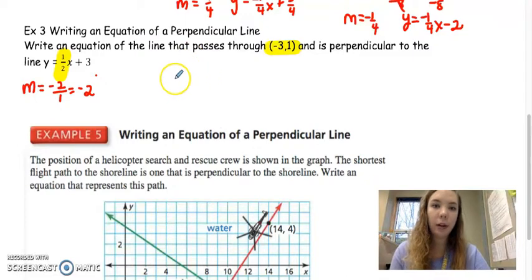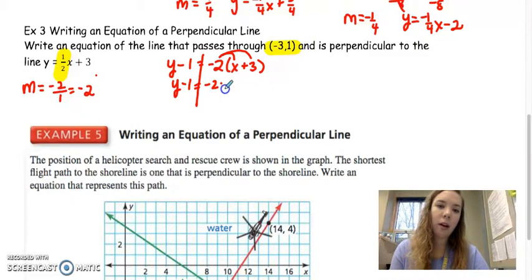So let's say we want to use point-slope form. We're going to do y minus 1 equals negative 2 times x plus 3, because again, we want the opposite sign here. And I'm going to go ahead and solve for slope-intercept form. So after I distribute, I get negative 2x minus 6, and then I have to add 1 to both sides. So negative 2x minus 5.